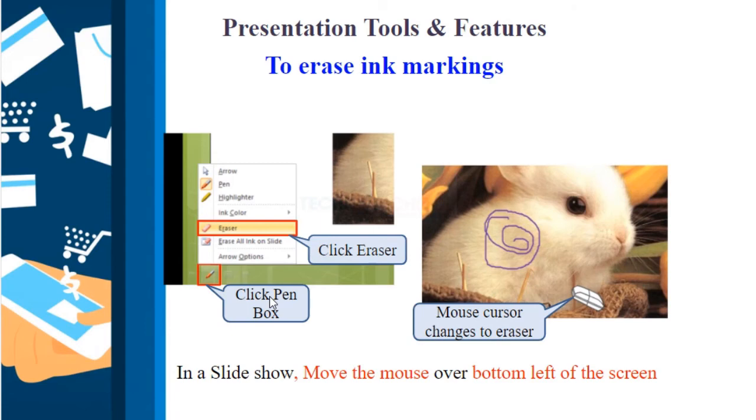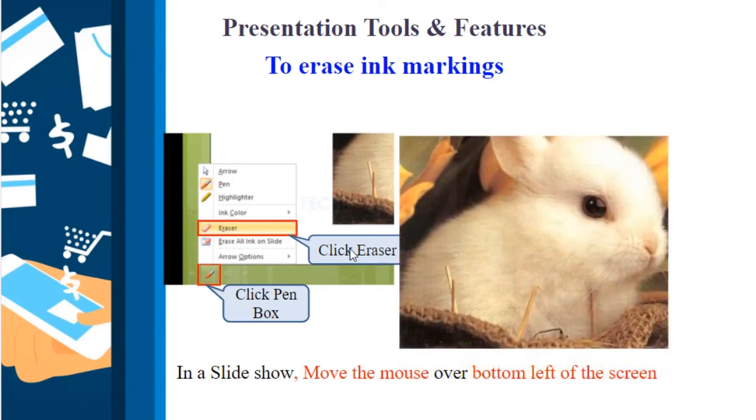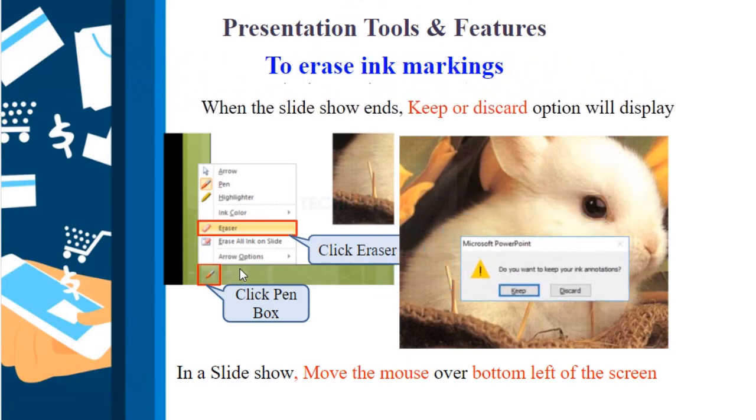When you end your slideshow, you also have the option to keep or discard, that is erase, any ink markings you made during your presentation. So we can mark it and we can erase it. Finally, like this, you can select keep or discard.